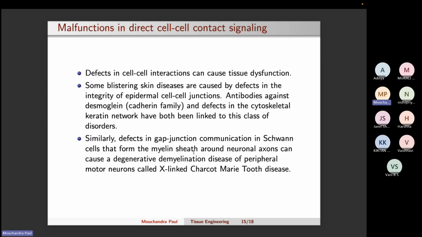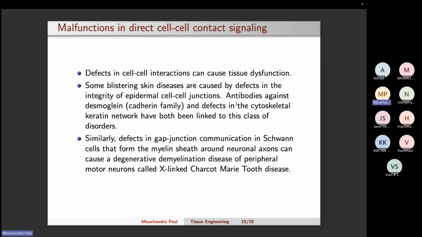Some kind of skin diseases, like blistering skin diseases, are caused by defects in the integrity of epidermal cell junctions. Okay. Then there are antibodies against the cadherin family, a protein belonging to the cadherin family, and defects in the cytoskeletal keratin network; both are linked to this class of skin diseases.